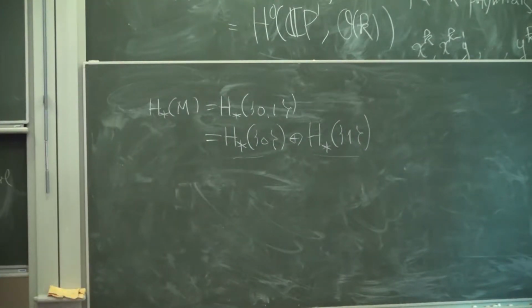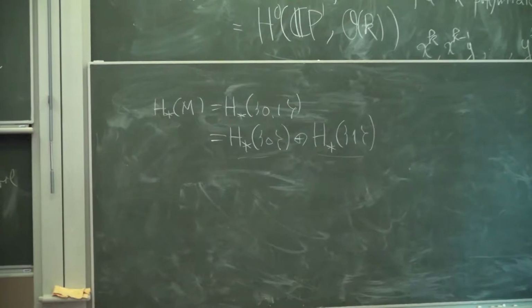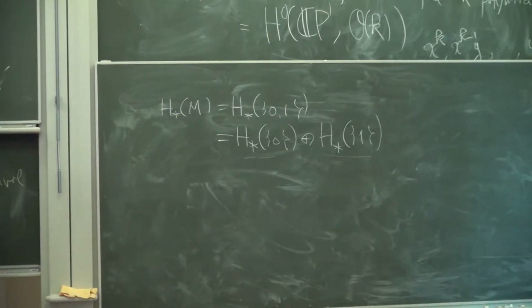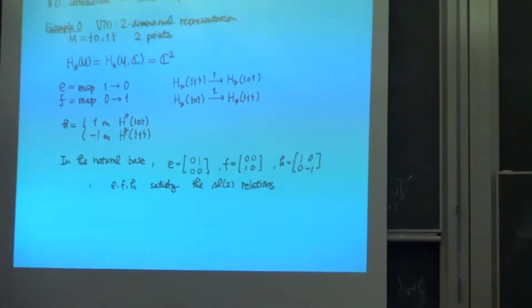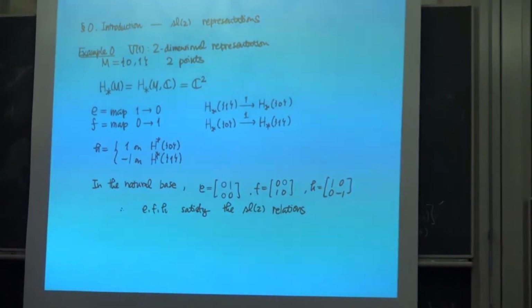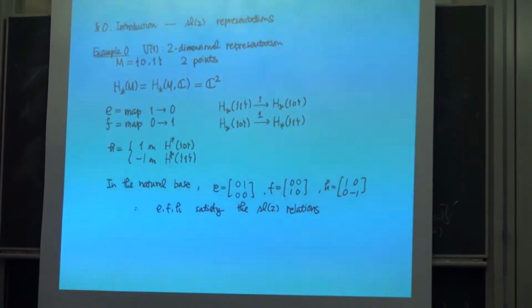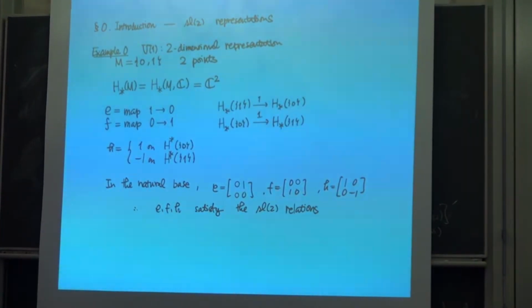In this basis, it is almost clear from the definition that E is upper triangular of this form, and F is this, and H is this. So E, F, H satisfy these SL2 relations. This is obvious. Next, we want to construct a three-dimensional representation.